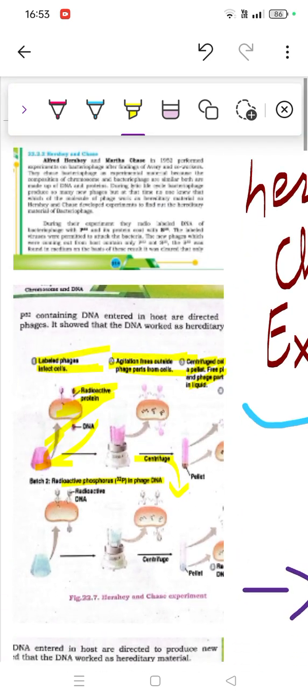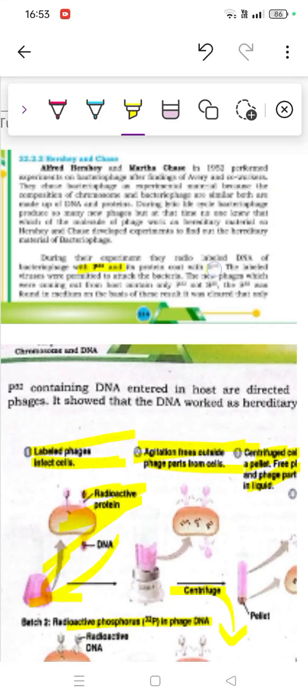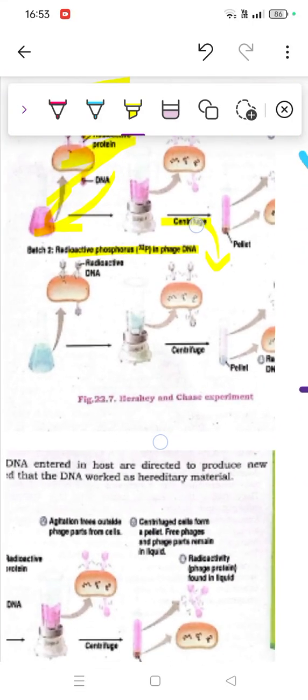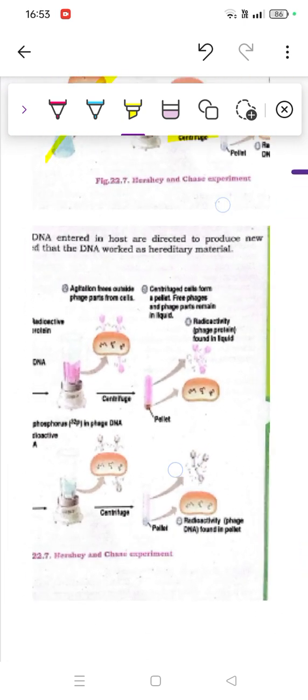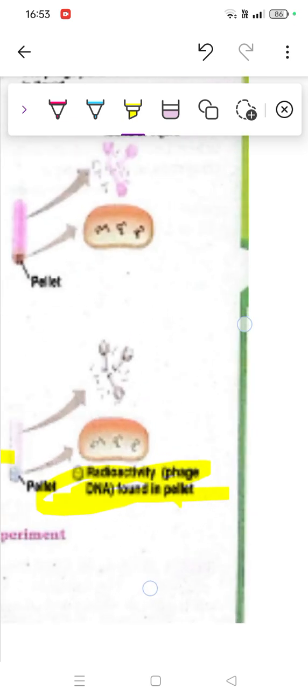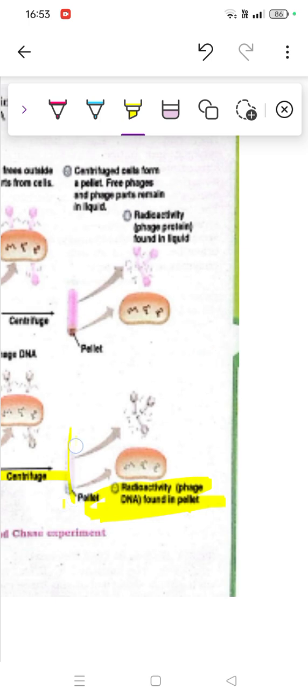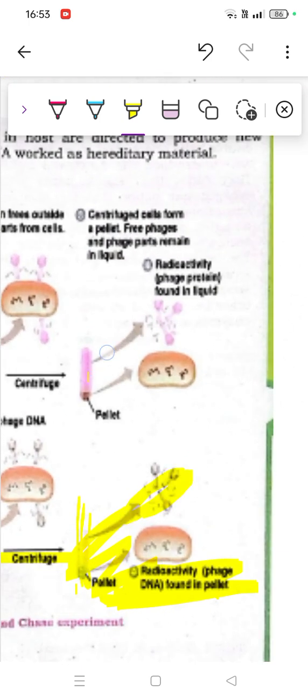Before I tell you, radioactive phosphorus and sulfur were taken. So here, radioactive DNA, centrifuge process, and what they observed after centrifuge was a radioactive phage where DNA formed a pellet. When we saw this pellet, it was pinkish in color.